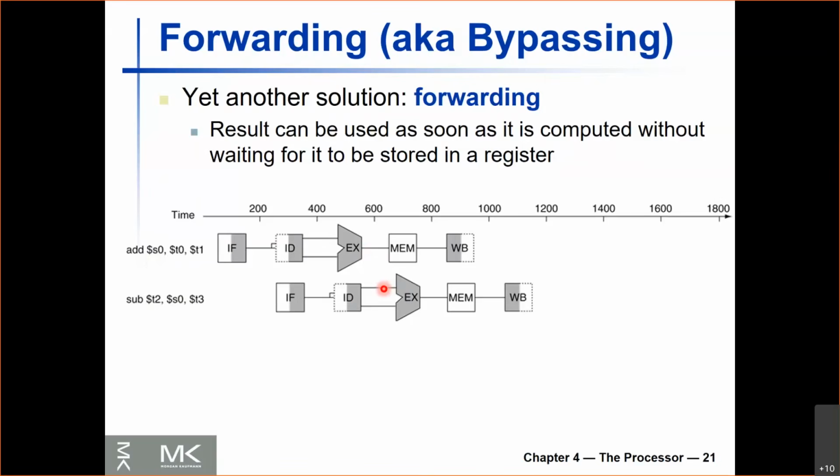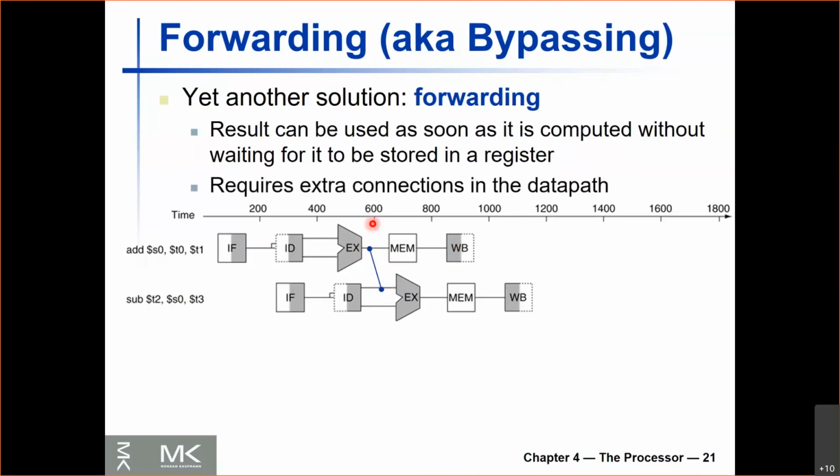So what can we do? Rather than waiting for S0 to be written to the register file and then reading it from the register file, we can actually sneak S0 from the output of the ALU back to the input of the ALU for the next instruction to use.